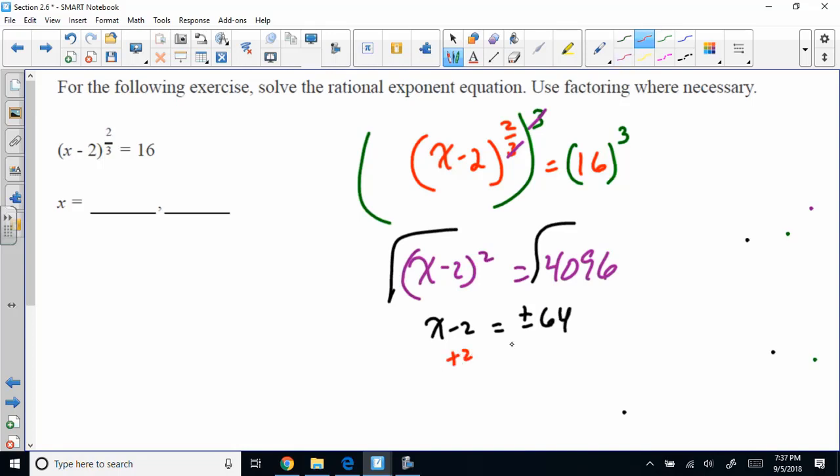So if I add 2, x equals 2 plus or minus 64, right? So 2 plus 64 is 66 and negative 62. Y'all agree?